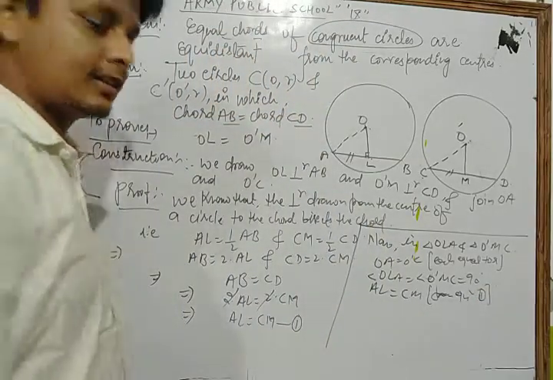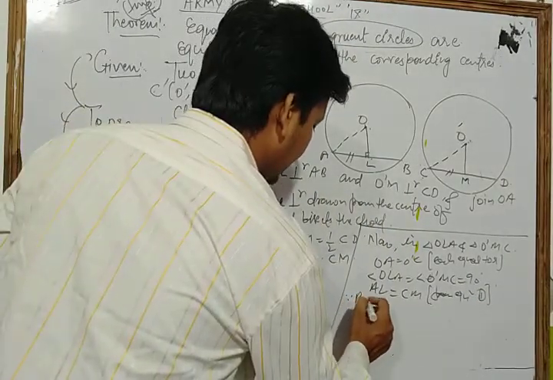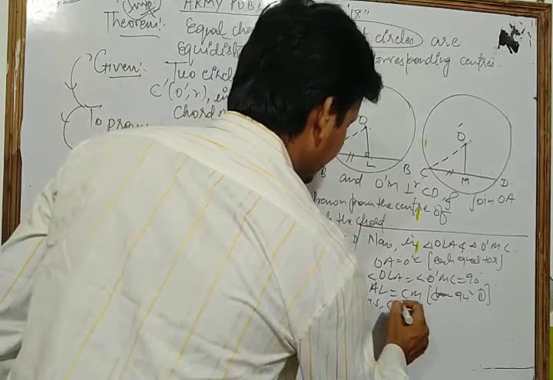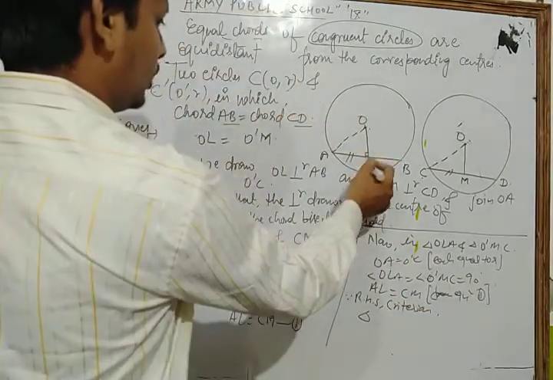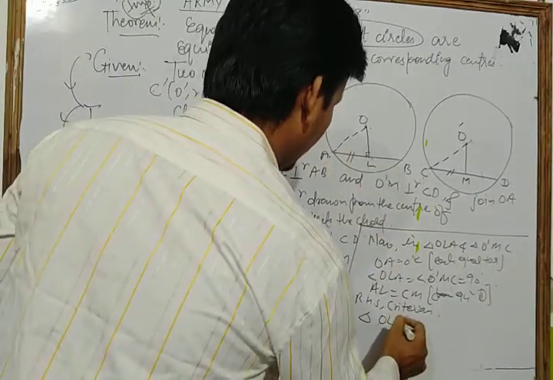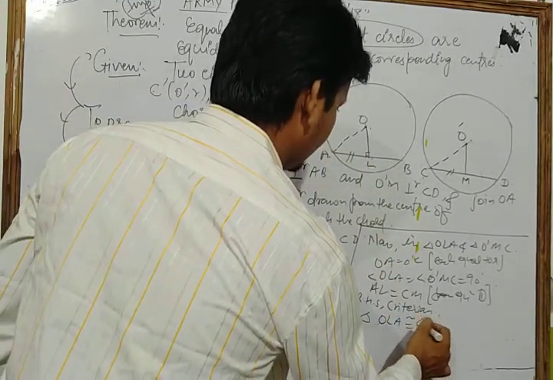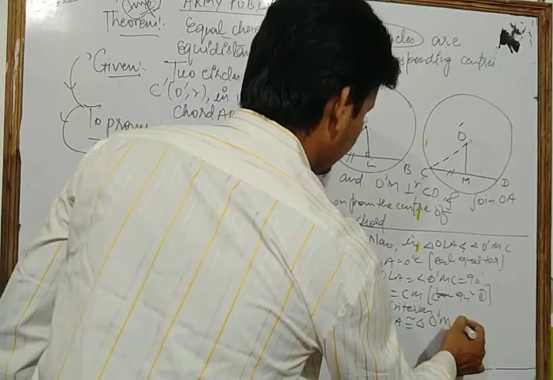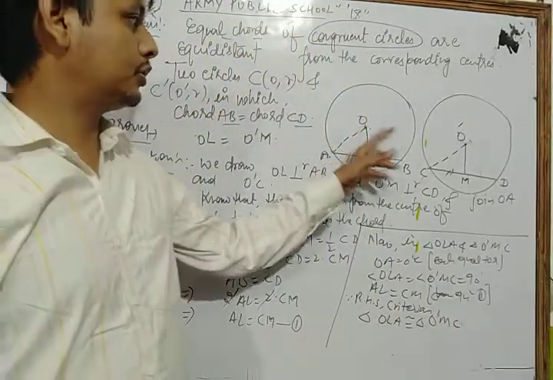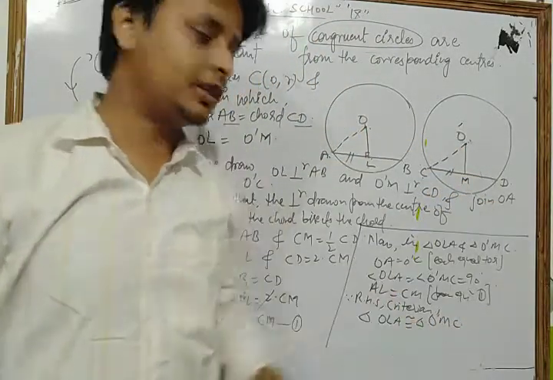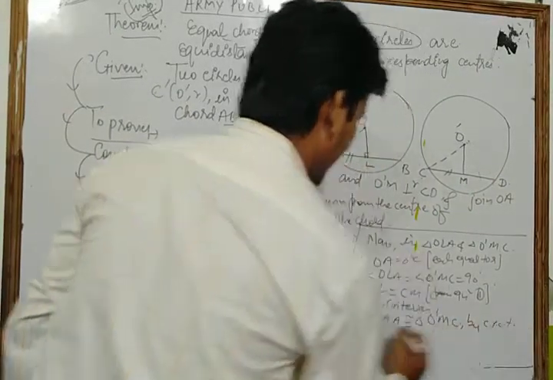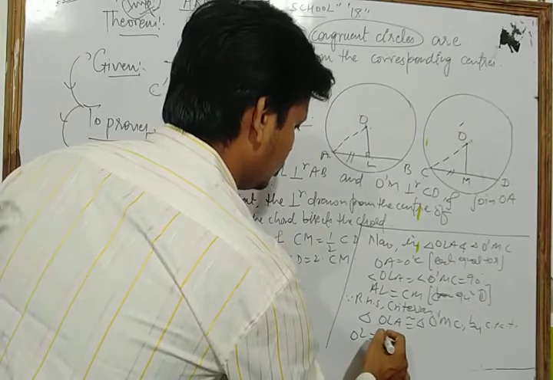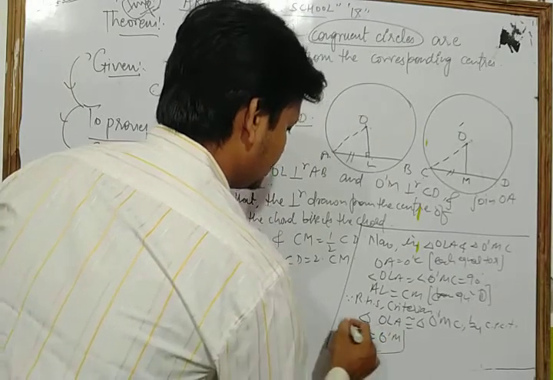So by RHS criterion, triangle OLA is congruent to triangle O dash MC. So by CPCT, we have OL is equal to O dash M. Hence proved.